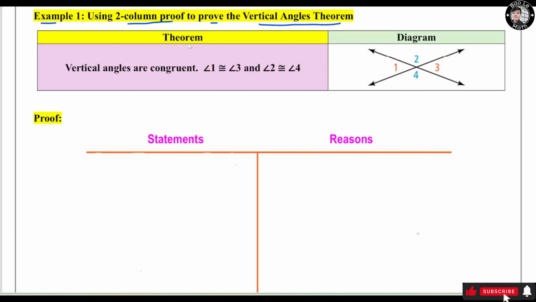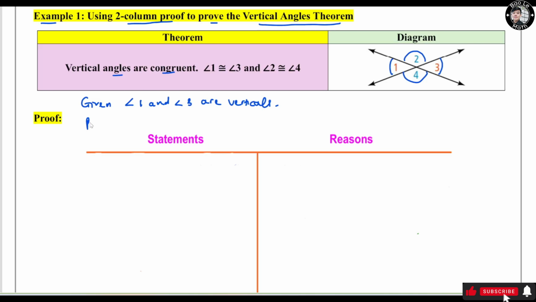Alright, we have the theorem. Vertical angles are congruent, which means angle 1 is congruent to angle 3, and angle 2 is congruent to angle 4. We're given that angle 1 and angle 3 are vertical angles.